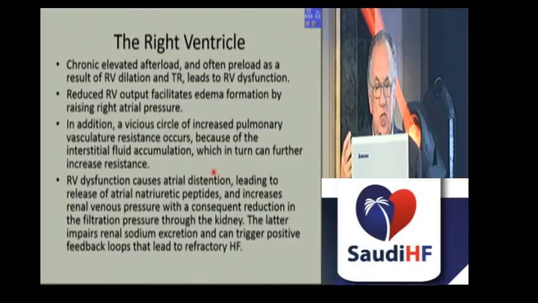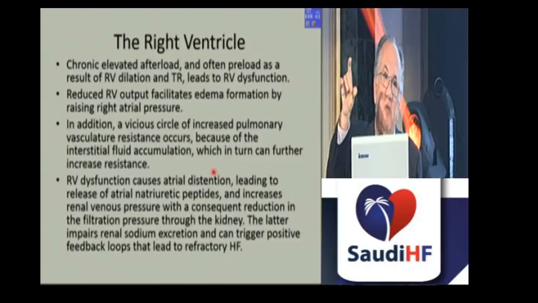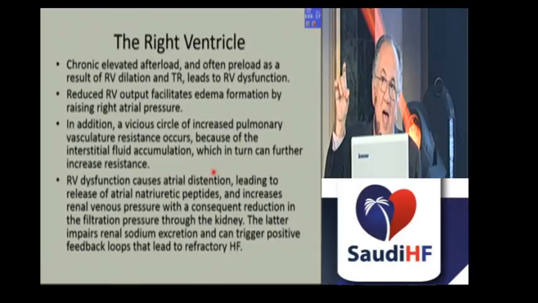But in addition, a vicious circle of pulmonary vascular resistance increases, interstitial fluid accumulation occurs, partly because of right-sided failure, which in turn further increases resistance. And right ventricular failure increases the accumulation of fluid in addition to decreasing the filtration pressure by raising the pressure in the inferior vena cava, and that leads to further fluid retention.